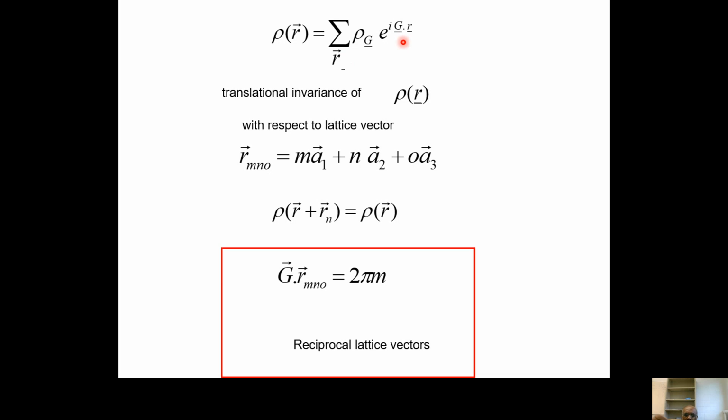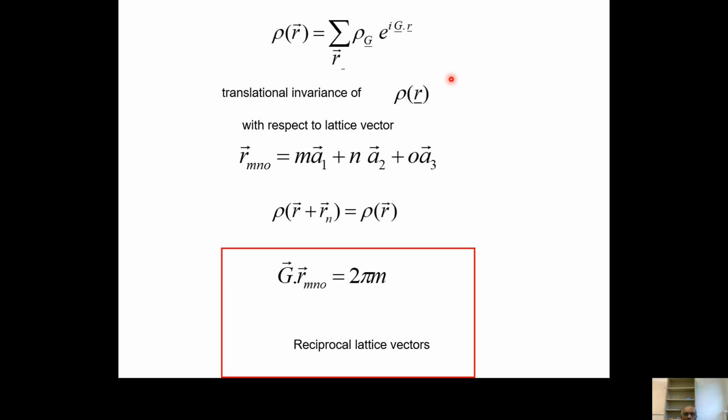Like we have a translational vector in real space, right? You can go from one lattice point to another lattice point by translating with that vector, which is determined by the primitive vectors. In the same way in the reciprocal lattice, we have reciprocal lattice points, so you have the vector G, so that you can go from each reciprocal lattice point to another by translating with vector G.